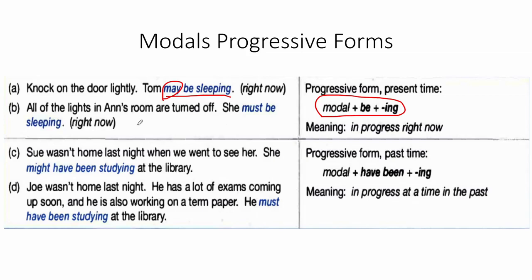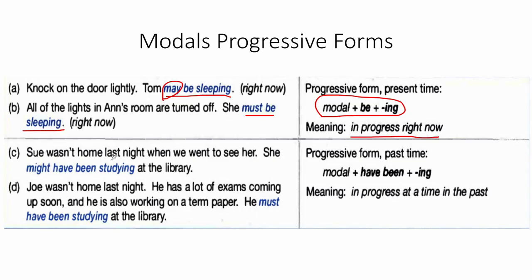She must be sleeping right now. So another example of a modal making a logical conclusion about Anne. We have the modal followed by be, followed by the ing form of the verb, meaning it is in action, in progress right now. This is the progressive form of modals.